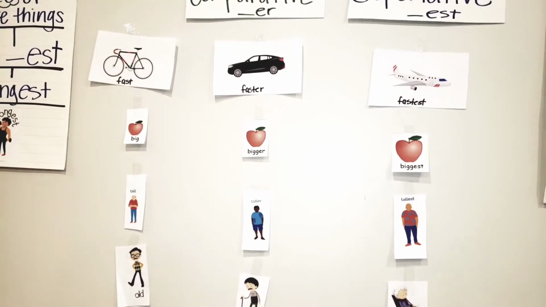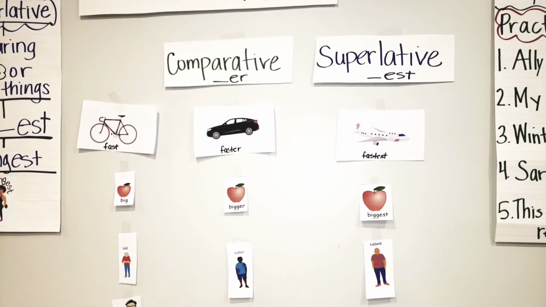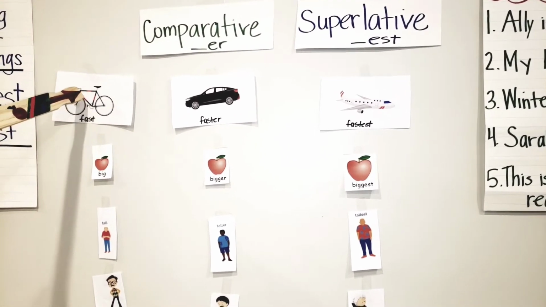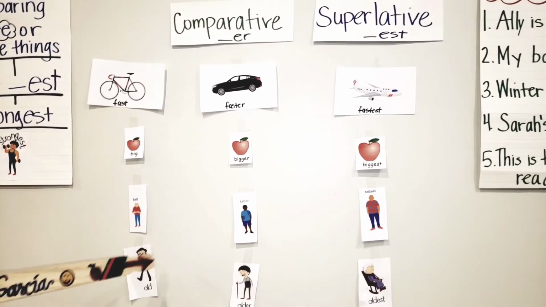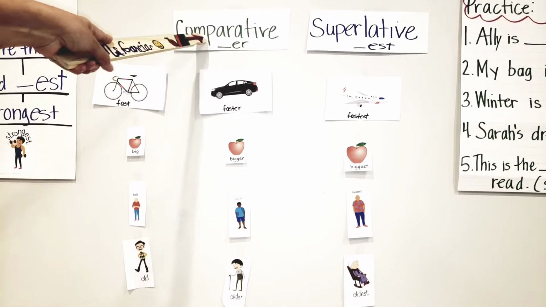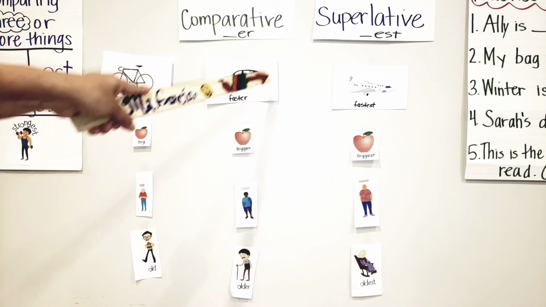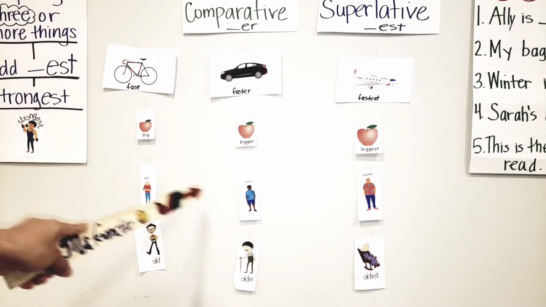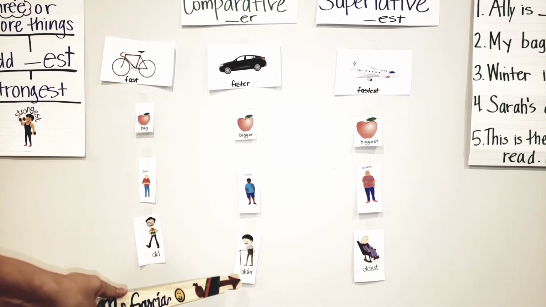Beautiful. I want you to see what we've done. We know that these are adjectives, and we know that when we compare two things it is called a comparative. Okay? And I'm comparing two things. Big, bigger. Tall, taller. Old, older.